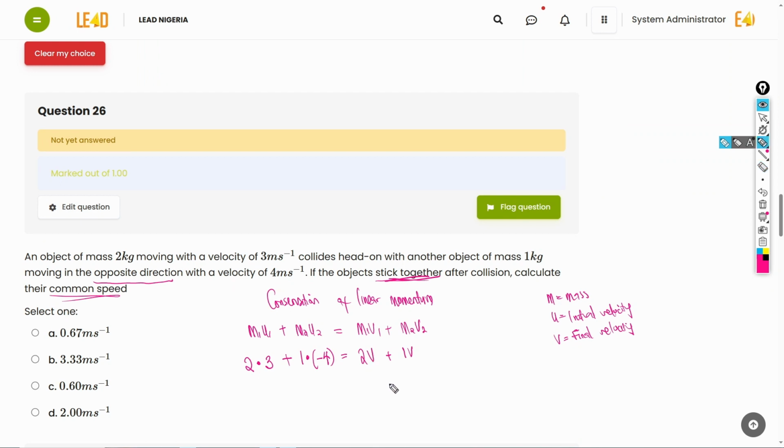Since they are the same, we have 3v is equal to, so I'm writing backwards now, 2 times 3 is 6 minus 4. So 3v is 2. If I divide both sides by 3, v would be equal to 2 over 3, which is 0.667 meters per second, or 0.67, that's A.